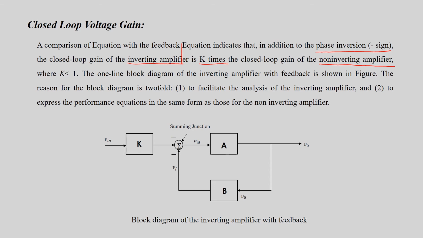So the one line block diagram of the inverting amplifier with feedback is shown in this figure. The reason for the block diagram is twofold. The first is to facilitate the analysis of this inverting amplifier, and the second is to express the performance equation in the same form as that of the non-inverting amplifier. So here I already told you two changes, K and this negative sign.